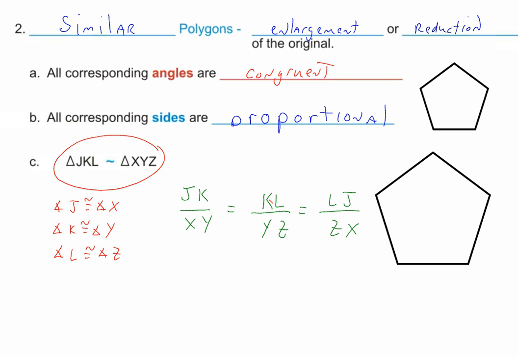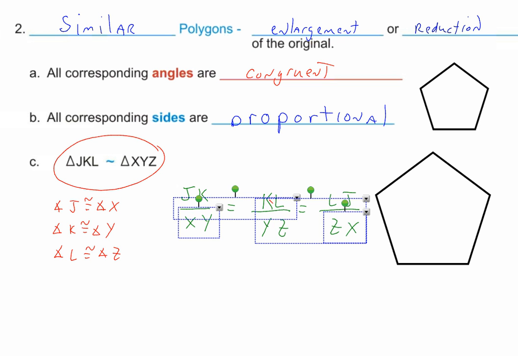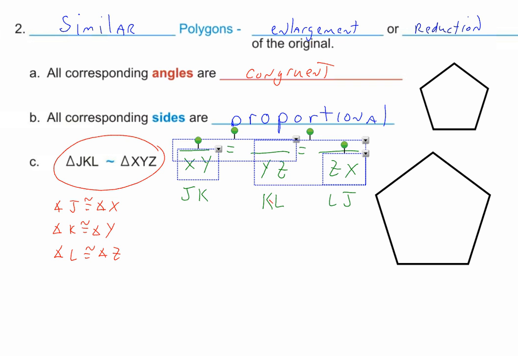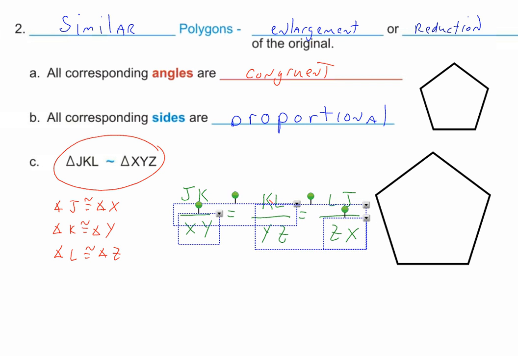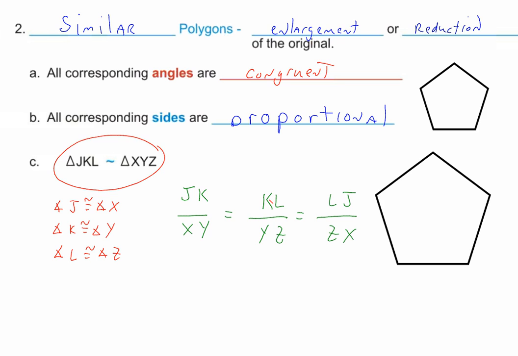Correct. And guess what? You guys can't do this. Actually, I'm not even going to be able to do it very well with my lines. You could switch tops and bottoms as long as every top goes on the bottom and every bottom goes on the top. Okay? I know my lines didn't end up in the right spot. Okay? So I'll show you how we're going to use them.